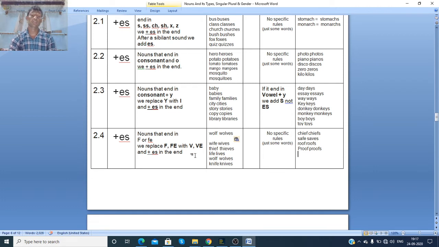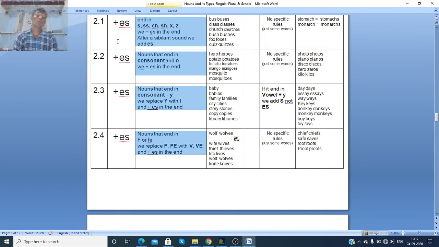These four rules are for making a noun plural by adding es at the end of the word.